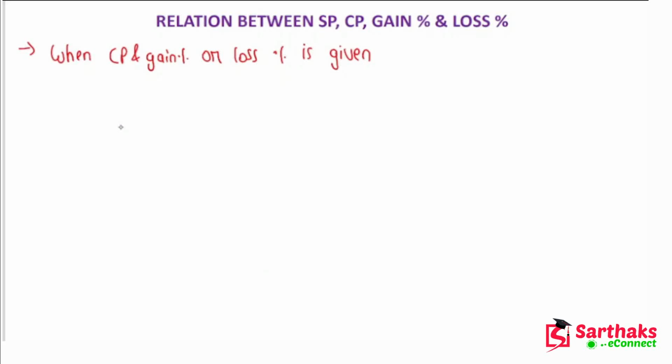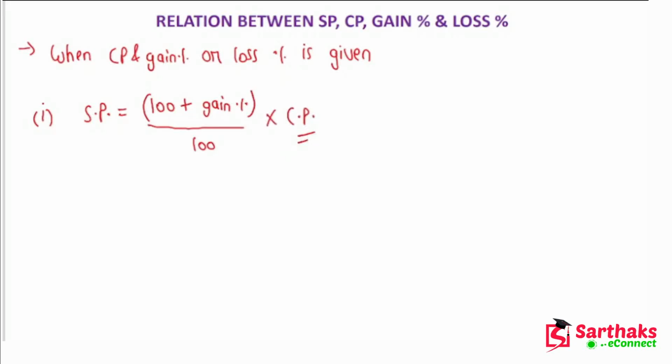SP. SP is not given. Selling price will be 100 plus gain percent whole upon 100 into CP. Okay, that is the formula.